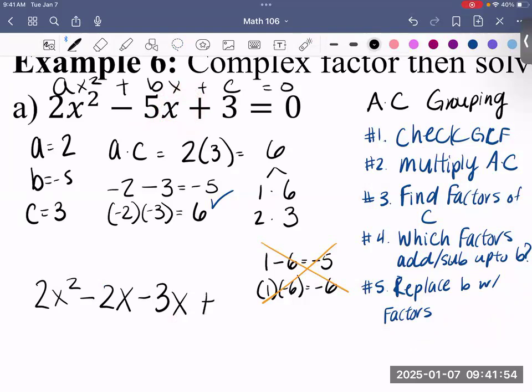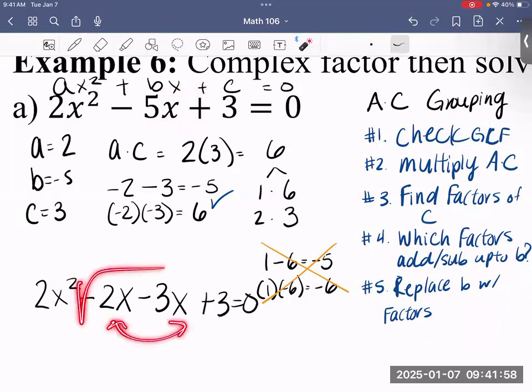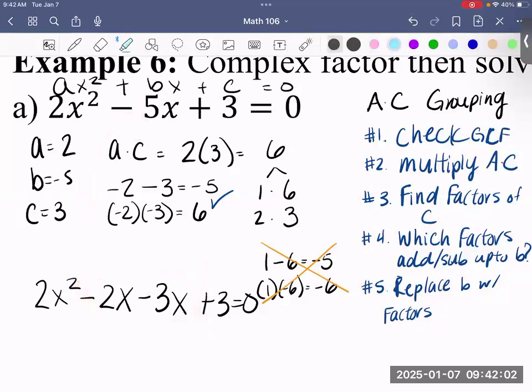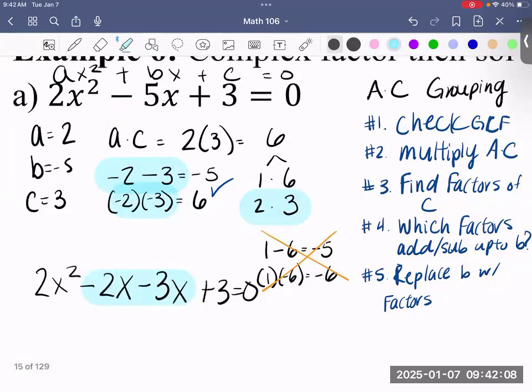Order doesn't matter. You could easily swap these two, but notice that if you were to combine them, they go back to -5x. So all you have done is changed the look of that middle term.